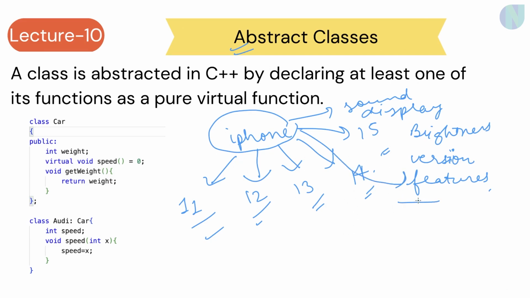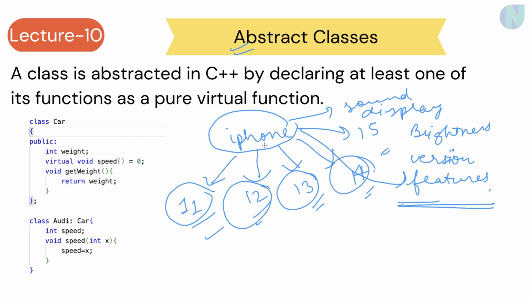So what we can do is we can make this particular feature function a pure virtual function, and then every iPhone version would have some kind of upgradation in the features, so they can just inherit properties from this particular iPhone, and then provide the implementation for the features of that particular version. So consider this has features, and we have created it as a pure virtual function.